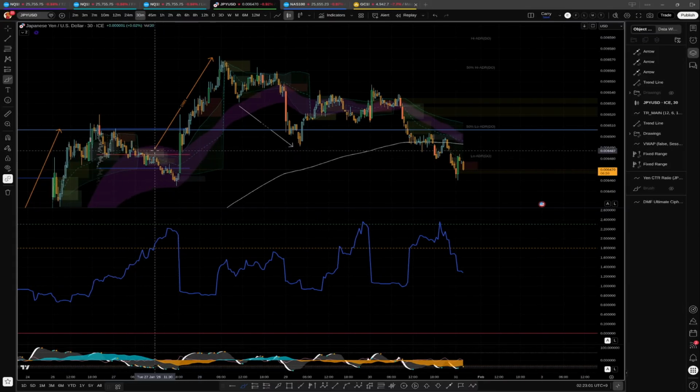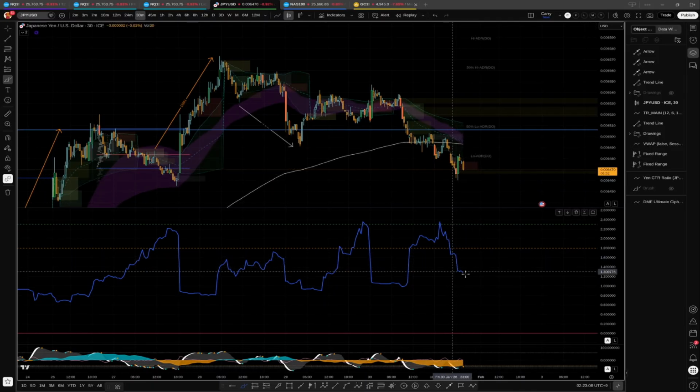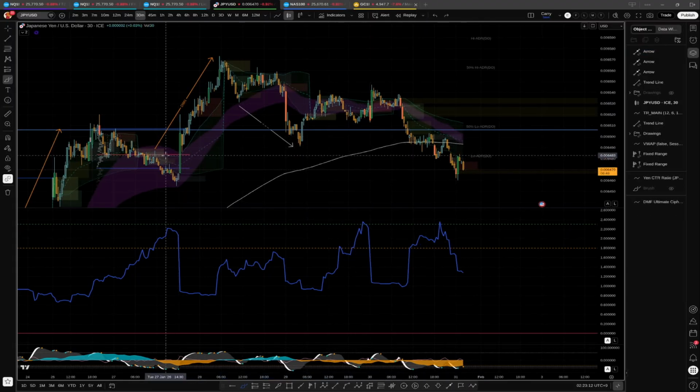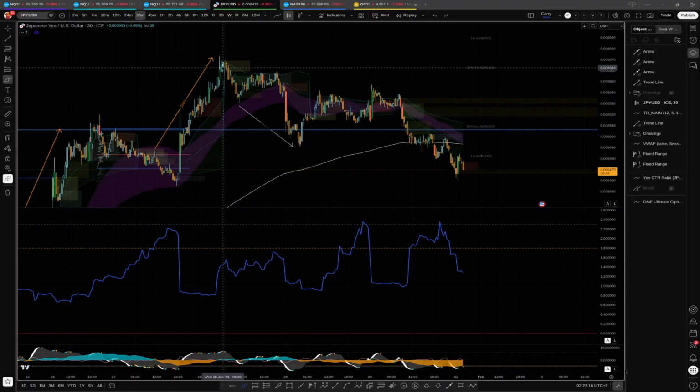We're coming back onto the point that this started from. I'm not necessarily looking at what the indicator is looking like relative to this point, but I just know the price is coming back into the area that caused a reaction in the NQ as well, and that we had this huge shift in CTR.